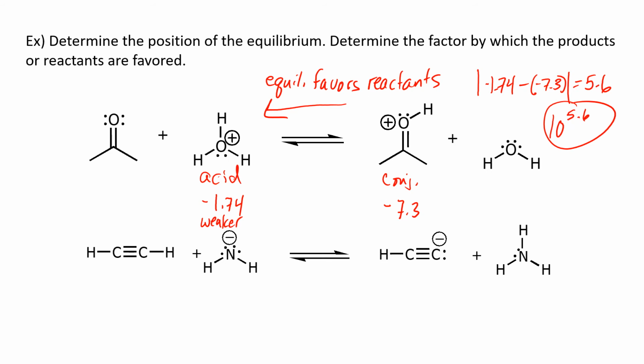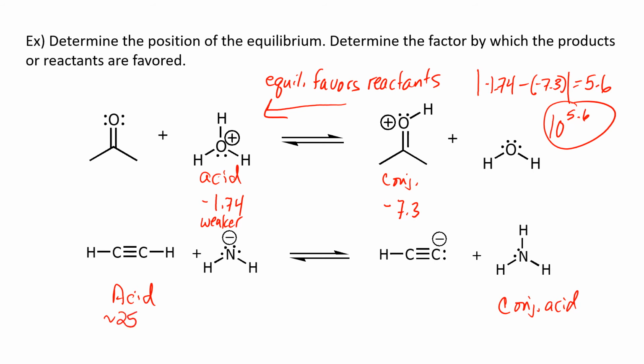All right, for the next one, let's take a look at the acids on both sides. So here's the acid on the left, and NH3 is the acid on the right. It's the conjugate acid of our base. If we look up our pKa values, this is about 25.